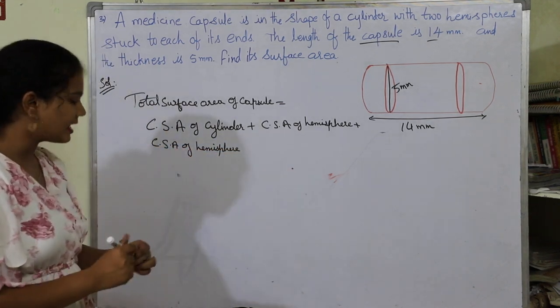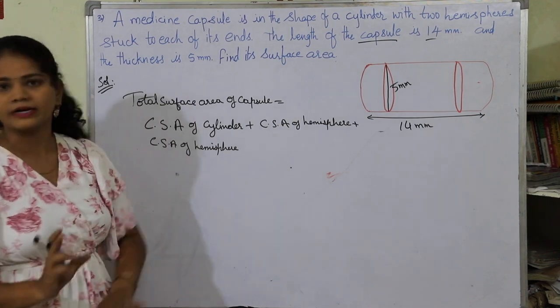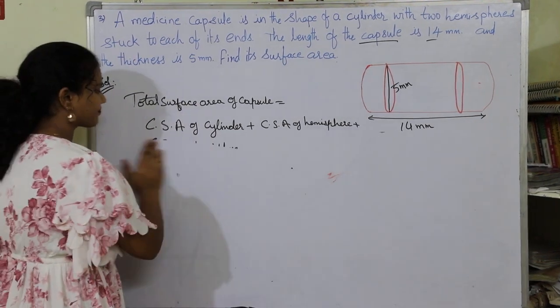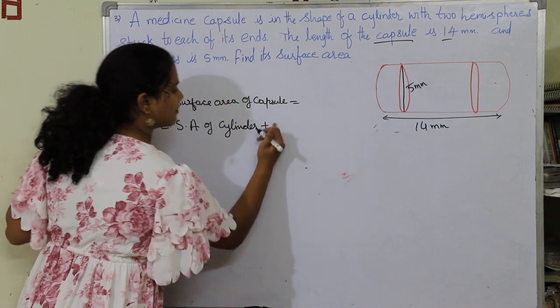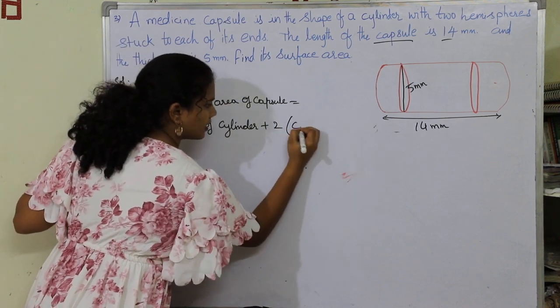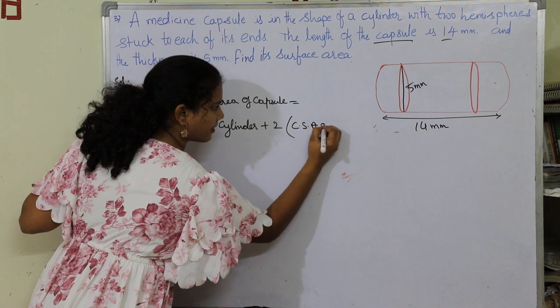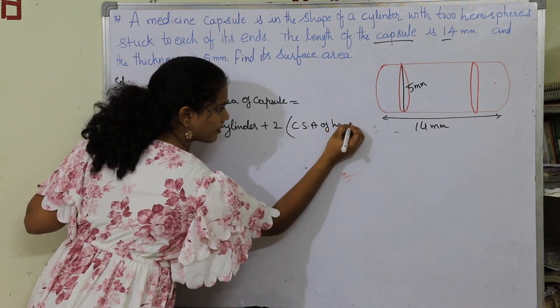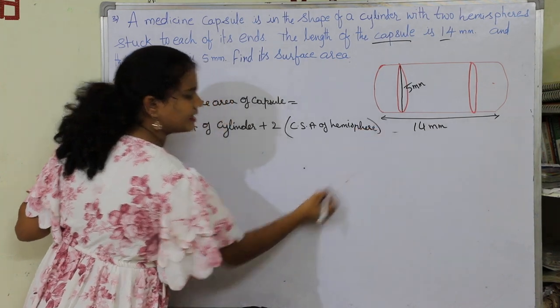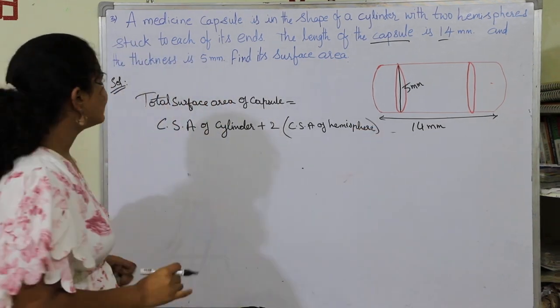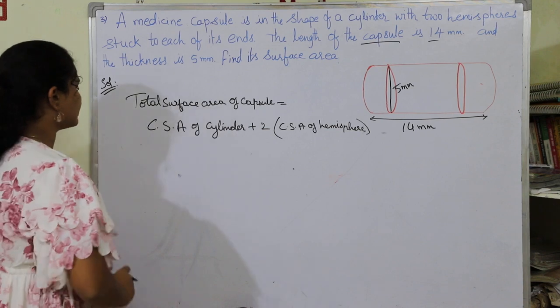So instead of taking the curved surface area of hemisphere two times, I can take 2 into the curved surface area of hemisphere, right? Firstly, let me find the curved surface area of cylinder.